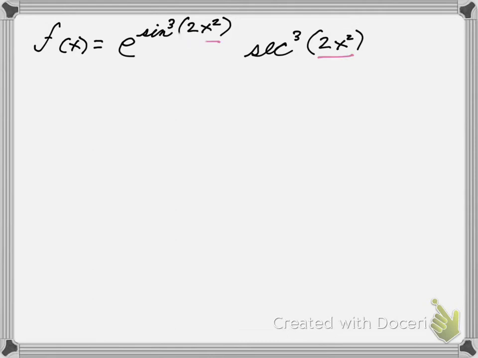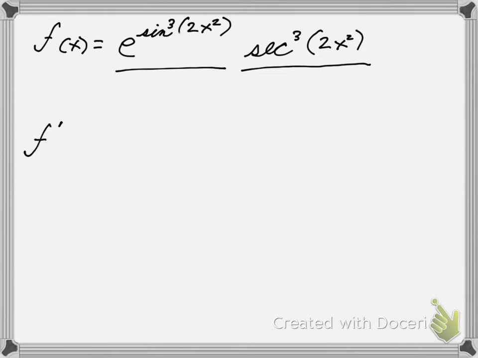I'm going to start out by breaking this apart by using the product rule and first finding the derivative of e to the sine cubed of 2x squared, and then secondly finding the derivative of secant cubed of 2x squared.